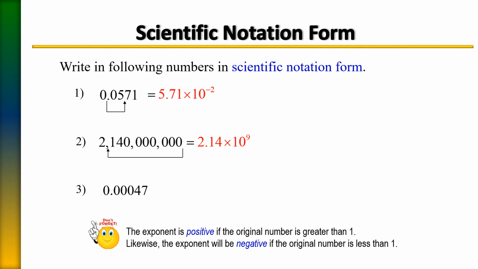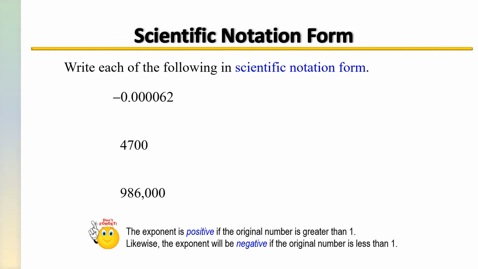It would be 4.7 times 10 to the, and it took us 4 places to get there. It's going to be a negative because that's a micro number. So that would be 4.7 times 10 to the negative 4 power. And so now we have converted the numbers to scientific notation form.